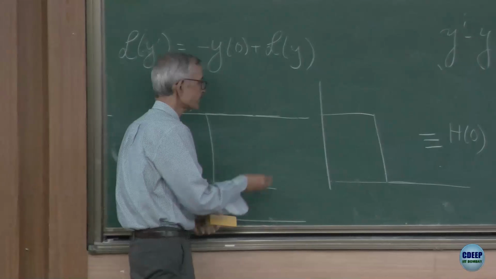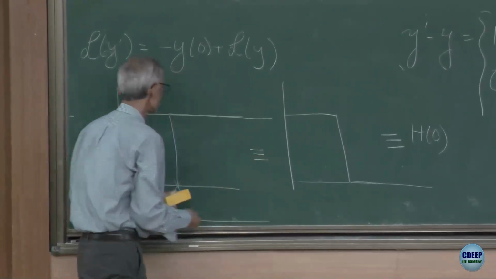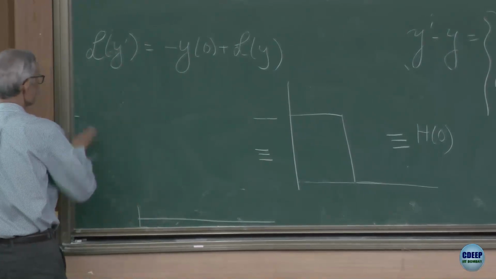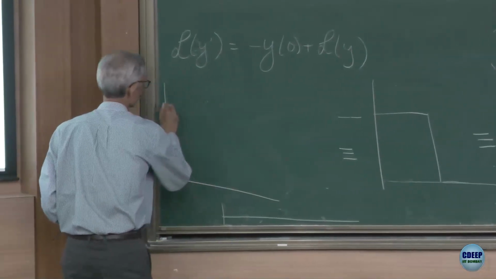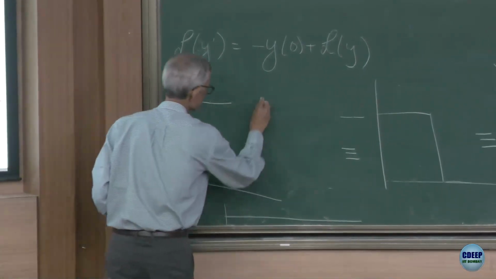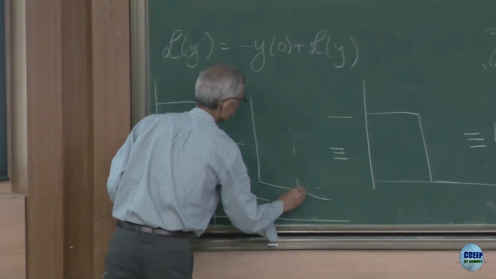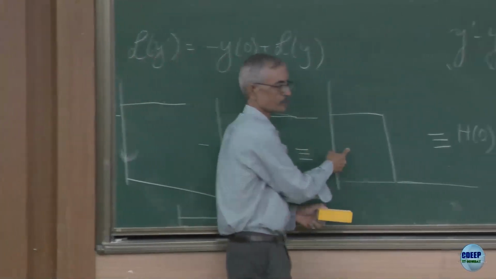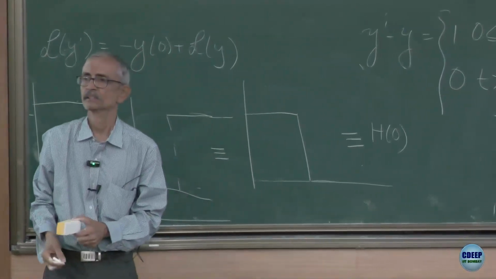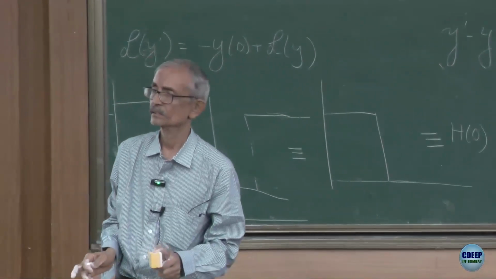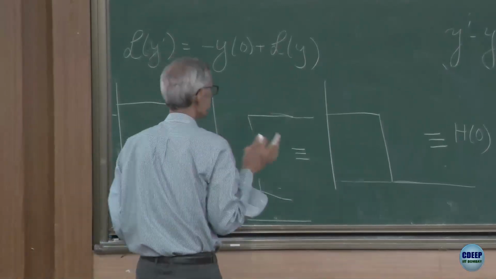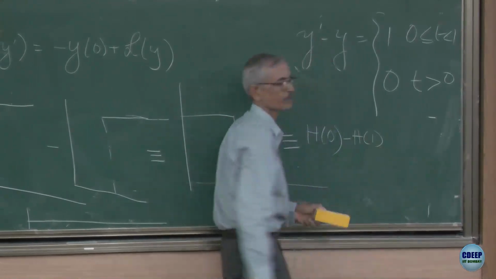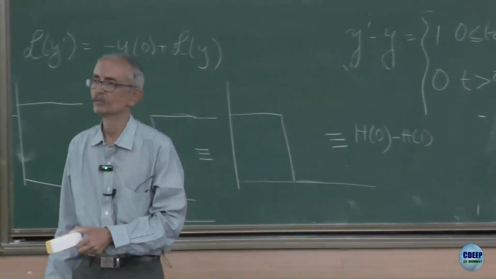So if I want this, what do I do? I have Heaviside 0 minus Heaviside 1, which is like this. This minus this is equal to this. Is that right? Yes, correct.